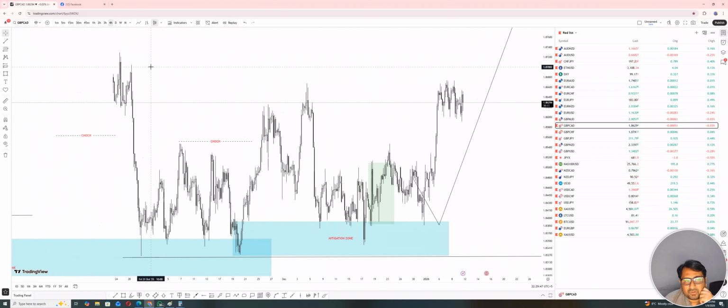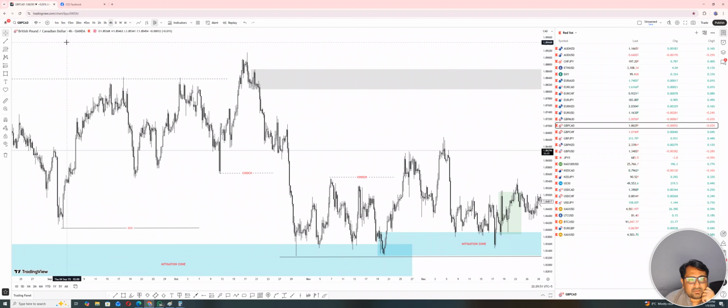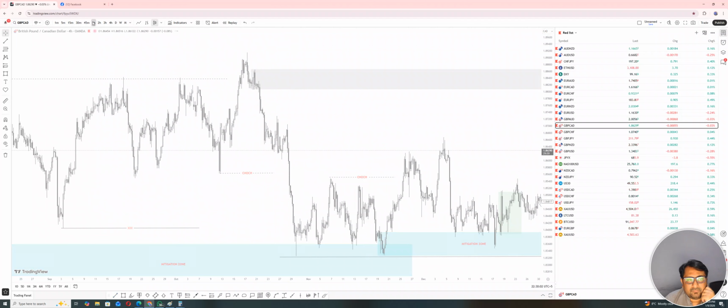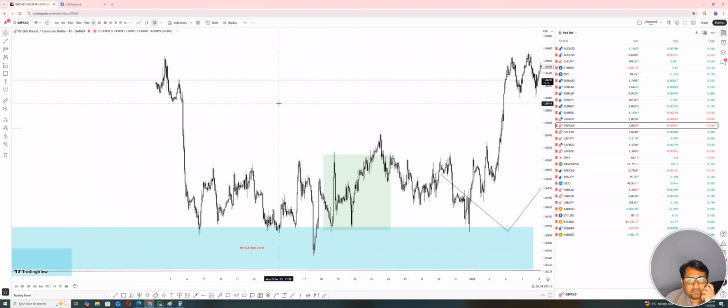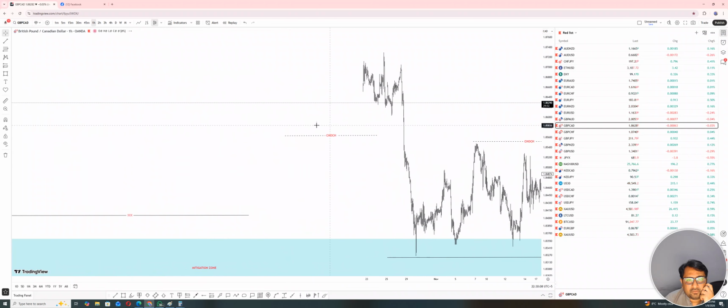We need to wait for a structure shift, and now you can see that the market makes a structure shift in H4. We have this change of character, the market did not retest this order block, but we are going to H1. We need to see that the market is ready to drop.